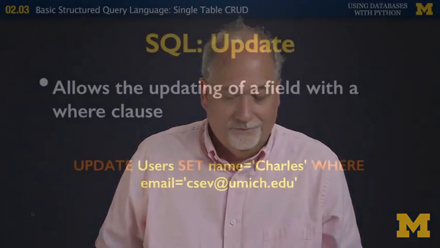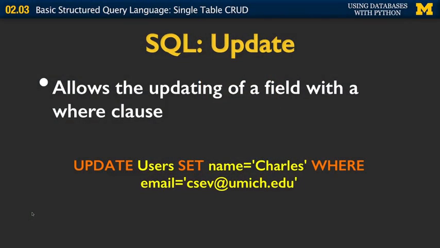So that's a delete. Update allows us to reach into a particular cell or set of cells in a table, many rows or many columns or many row-column combinations, and we just say update, which is the SQL keyword, the table name, set, which is an SQL keyword, and then the column name, and then the new value.